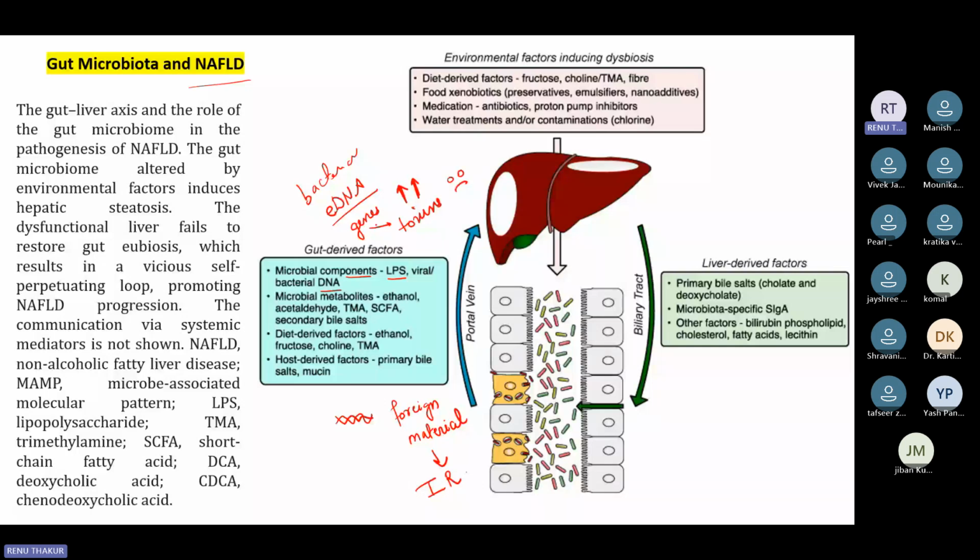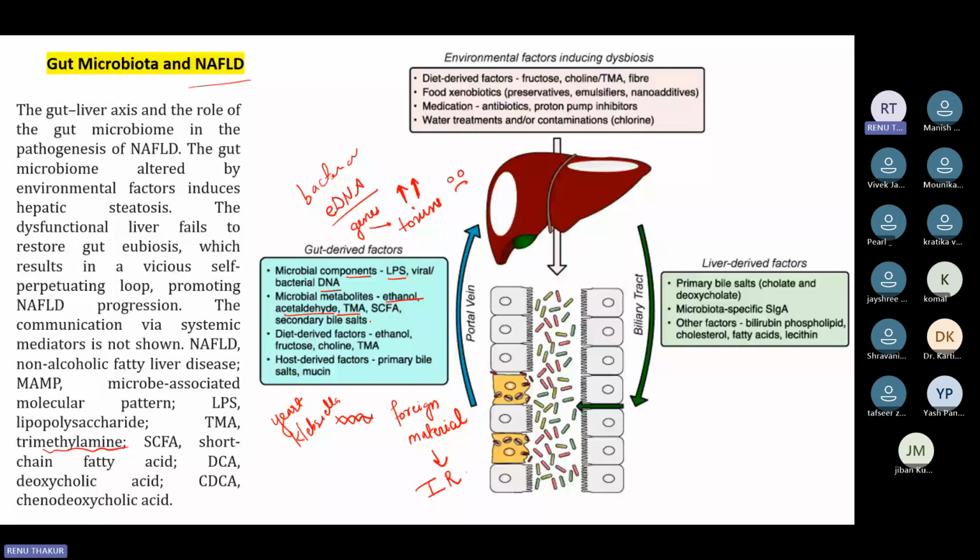So apart from that, microbial metabolites, if the microorganism is doing its normal metabolic machinery, like if it is a yeast, or if it is any bacteria like Klebsiella, or any bacteria that is capable of synthesizing ethanol through fermentation, so it will produce ethanol, it will produce acetaldehyde, it will produce TMA, and TMA is trimethylamine, SCFA, short chain fatty acid, and other secondary bile salts.